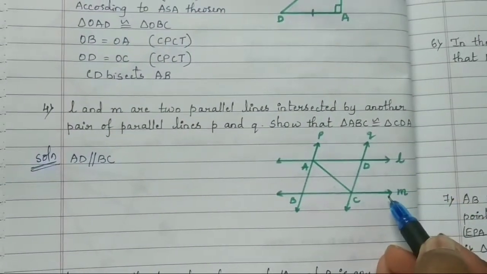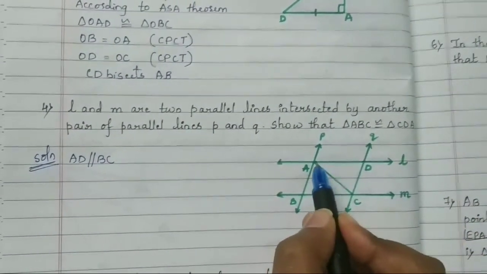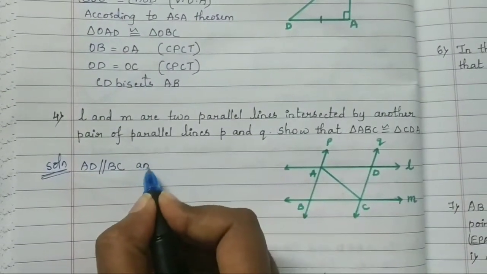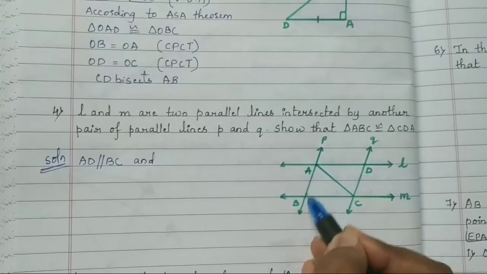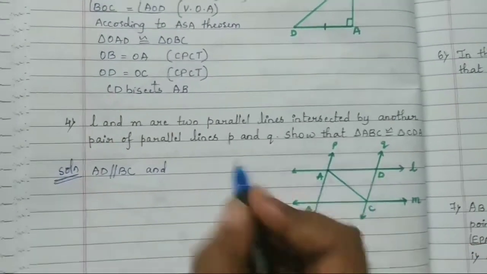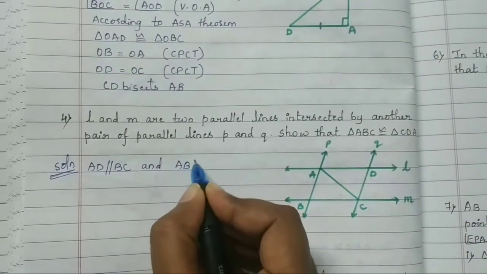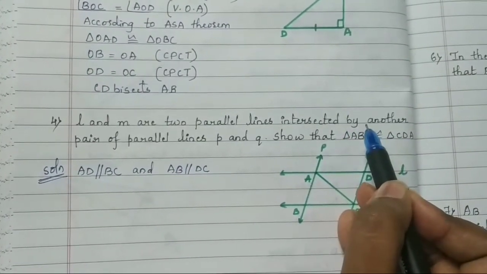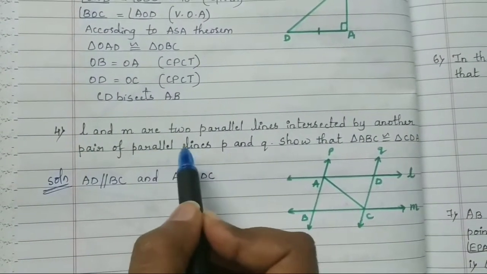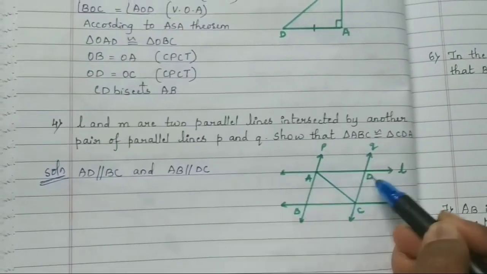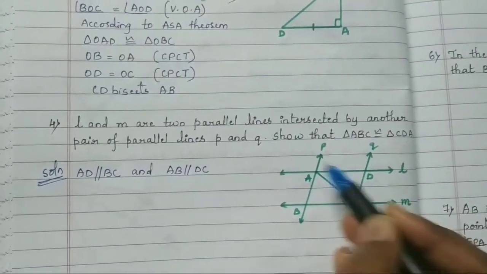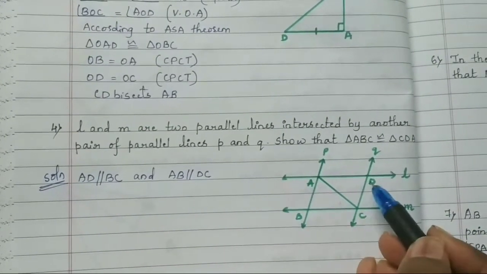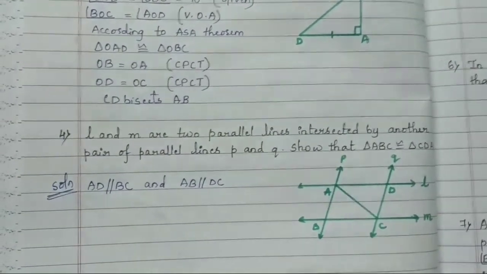So AD and BC are parallel, and similarly AB is parallel to DC. See, because they have also told us another pair of parallel lines. So this part is also parallel. As P and Q are parallel, AB and DC are also parallel.